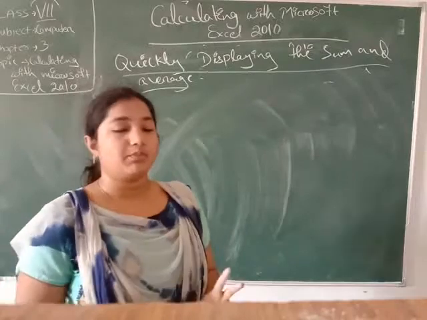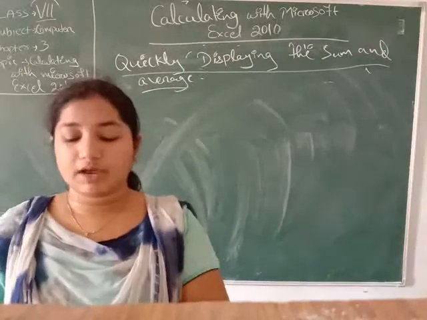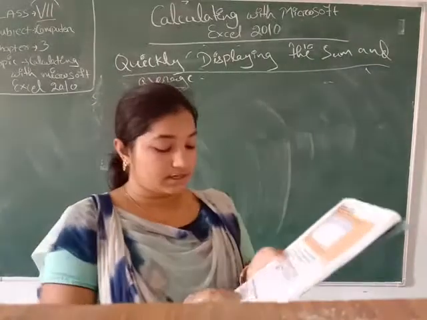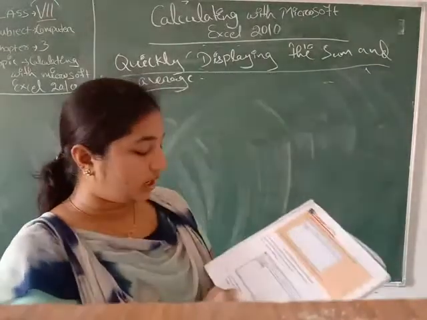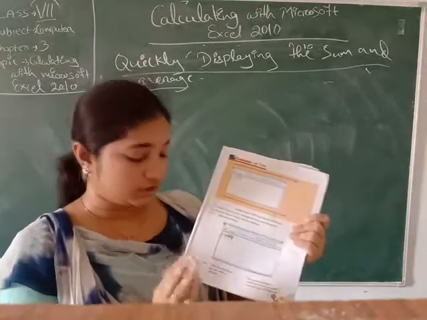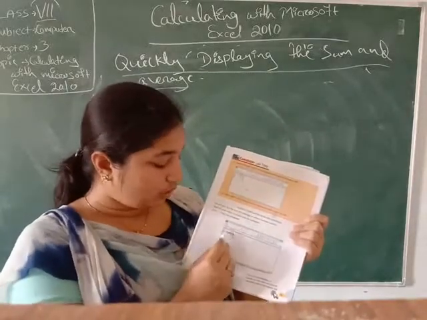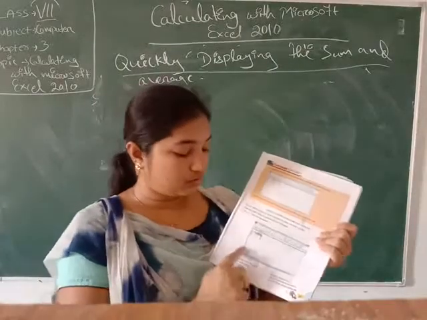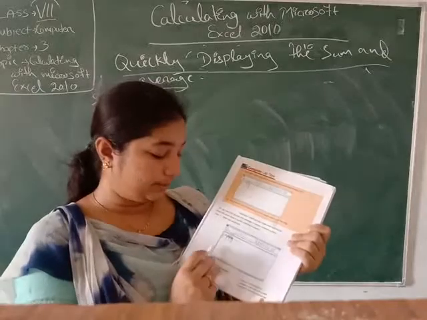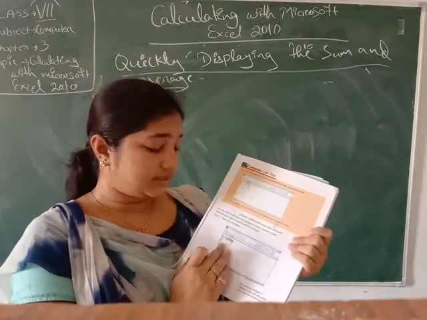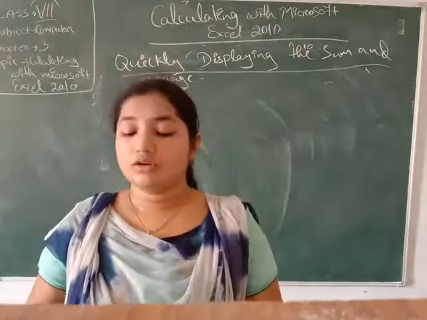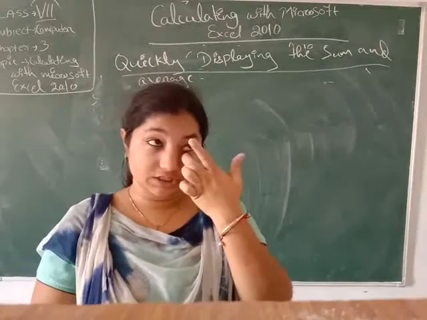For that we have to follow two steps. The first one is open the worksheet, and the next one is select the cells whose sum you want to calculate. The sum and average of the numbers in the cells will appear on the right side of the status bar like this.